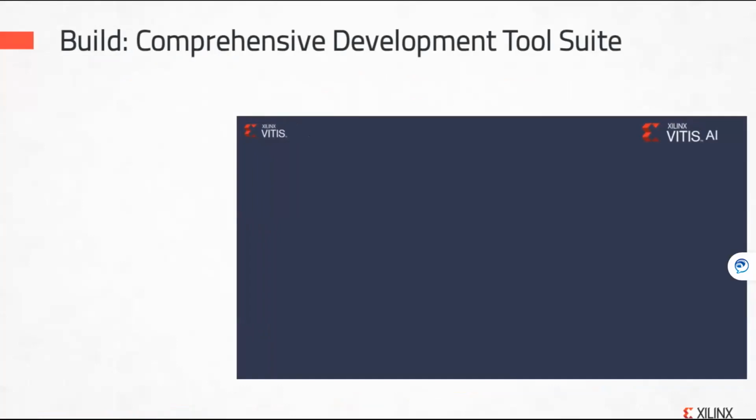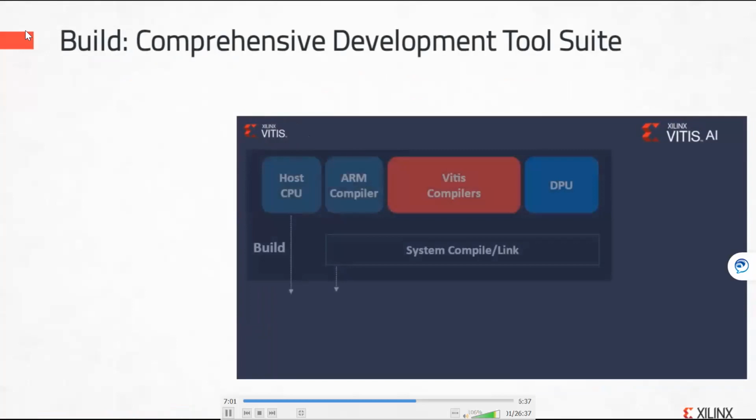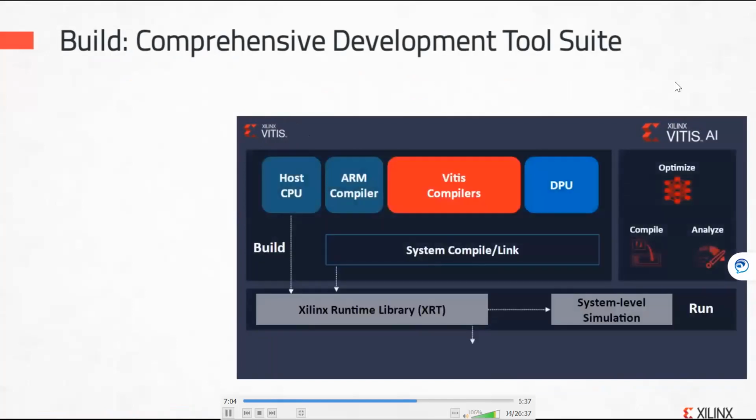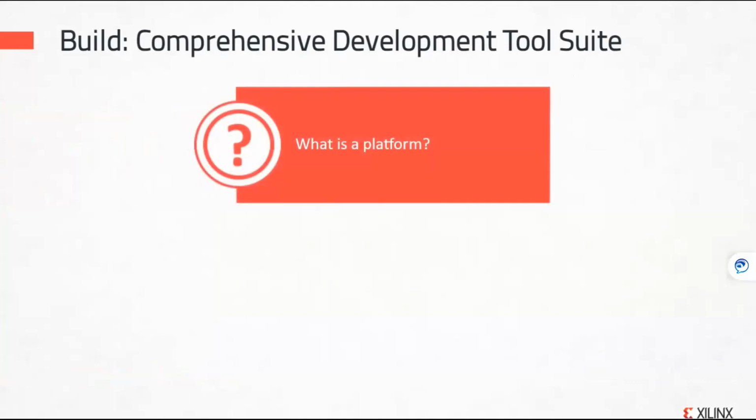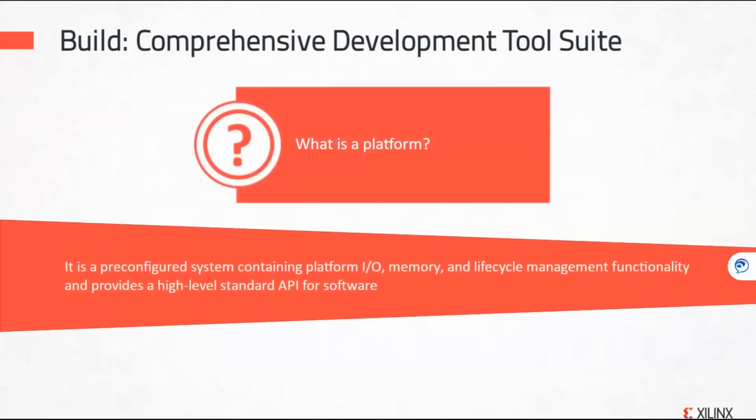The Vitis environment provides a comprehensive development platform to build, run, and analyze your application. Software application development is done in the context of a platform. What is a platform?